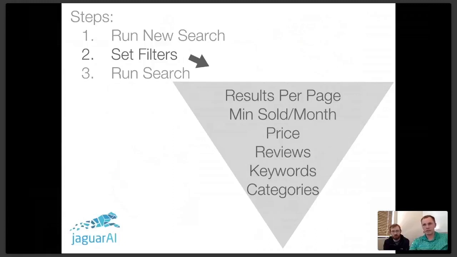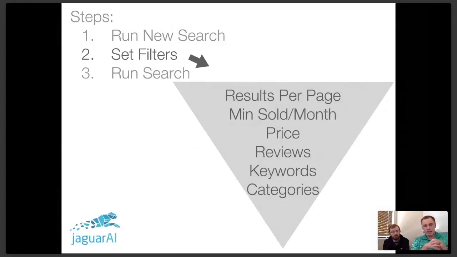You can also do a search into specific categories. So if you know that you want to find something in a specific category, whether it's sports and outdoors or health and beauty, you can kind of narrow those things down through the software, and it allows you to look at a specific category.